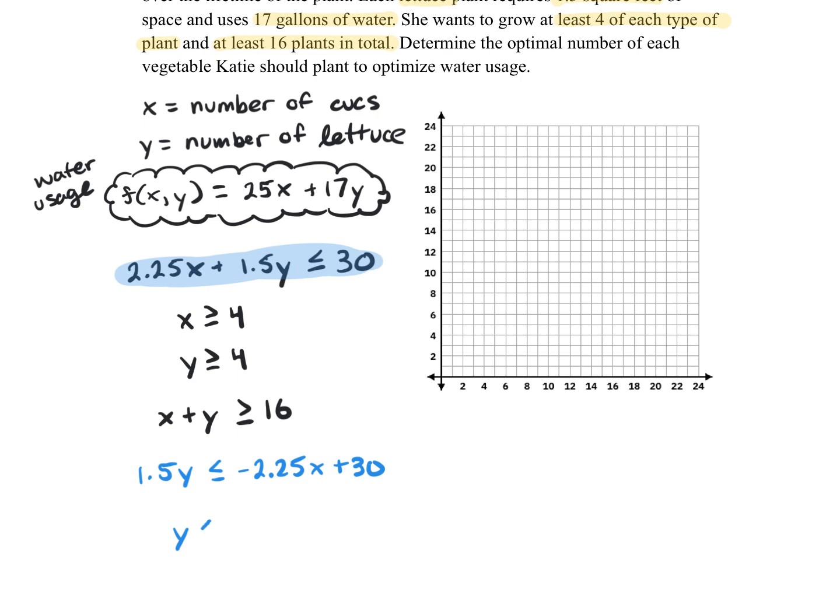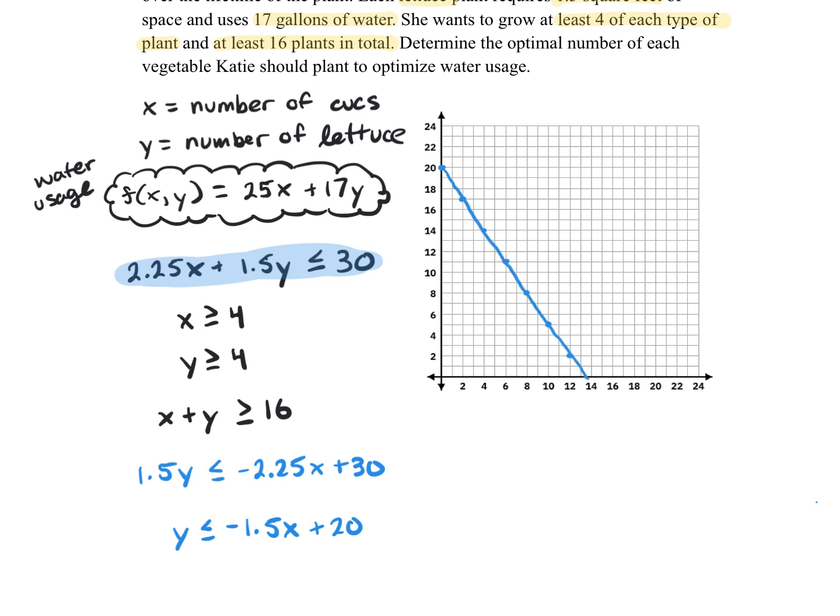So this gives us y is less than or equal to negative 1.5x plus 20. So let me just go down 3 over 2. Okay, so it looks something like this.